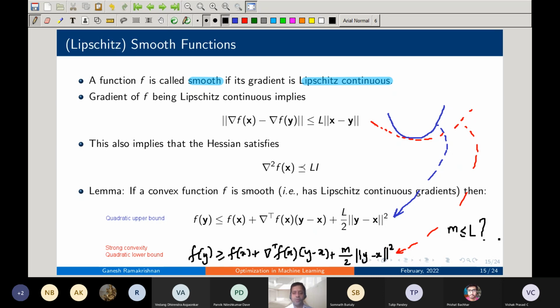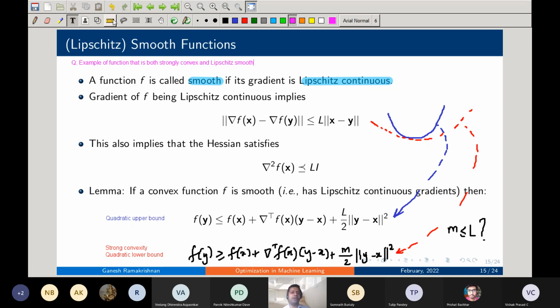Okay, if there are no questions, one question I have for you: what would be an example of a function which is both strongly convex as well as Lipschitz smooth, which means Lipschitz continuous gradient, right?